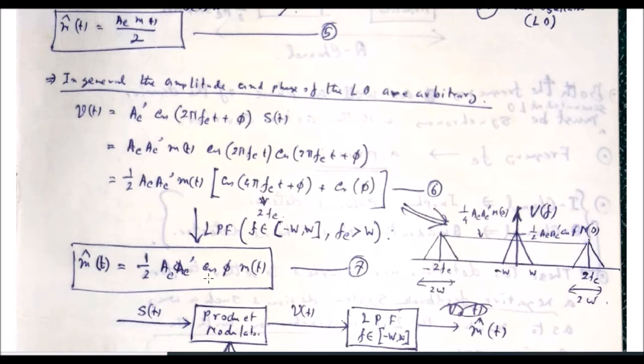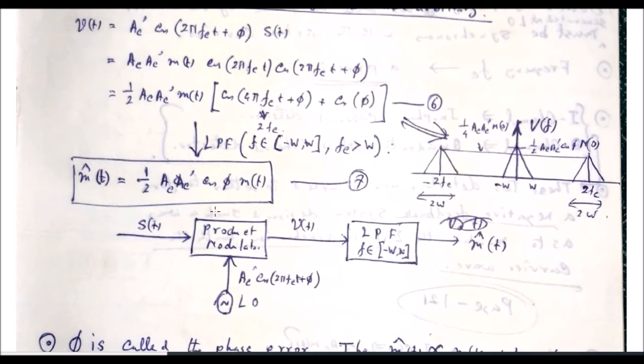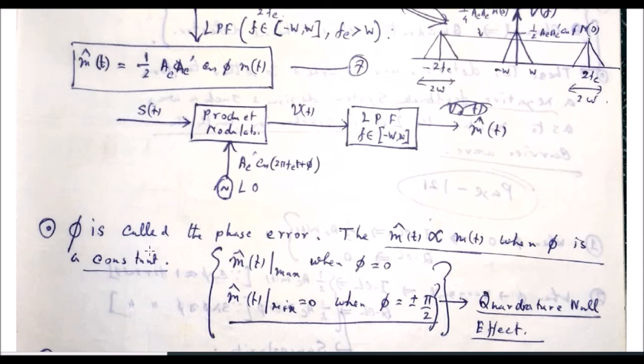Now this extra term cos phi is arising due to the phase difference between the transmitted carrier and the locally generated carrier at the receiver end. Okay, so what does it mean? That means some amount of phase error is there at the receiver end. Now this particular phi is called the phase error. Remember, it is called the phase error.